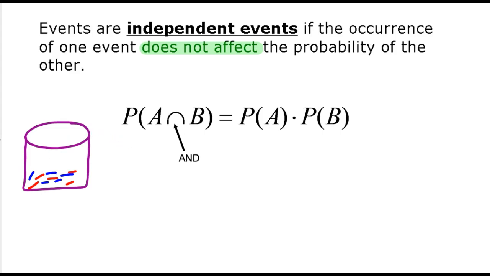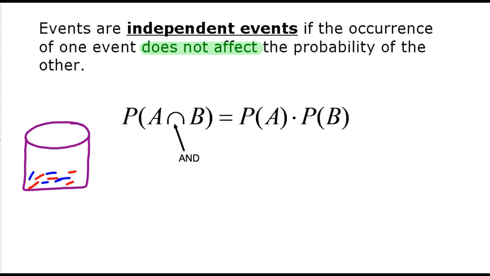If I don't put it back, it changes the probability of the next time I pull a marker out. If I put it back, then it doesn't affect the probability of the second pull. Those would be what we consider independent events.